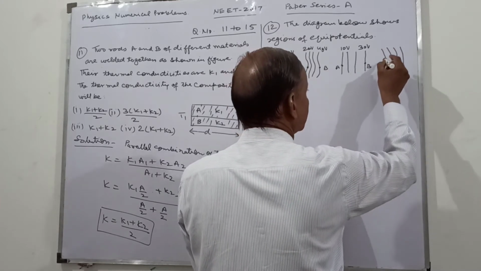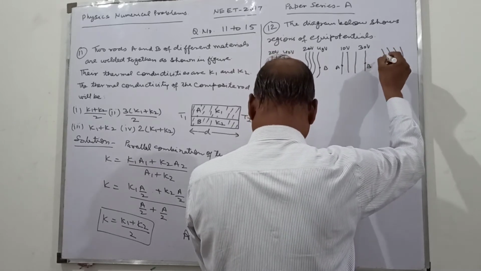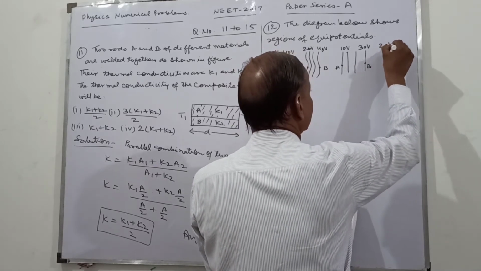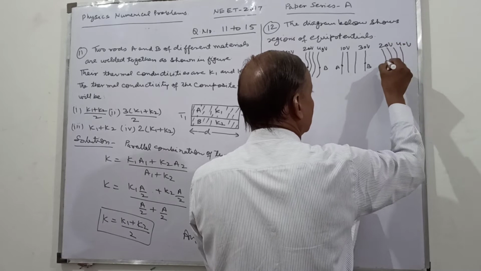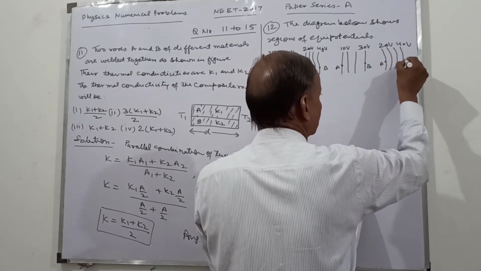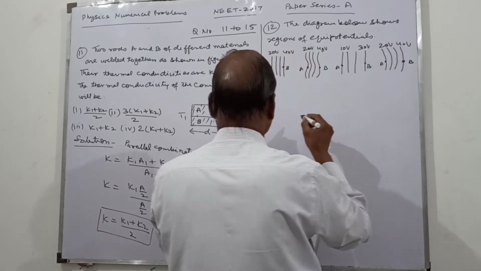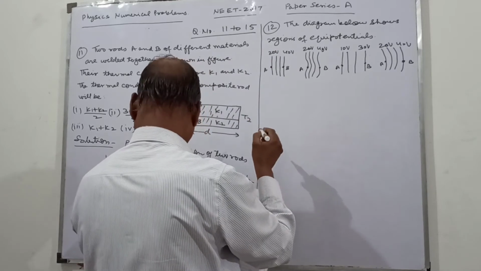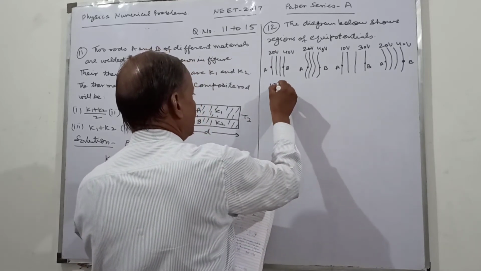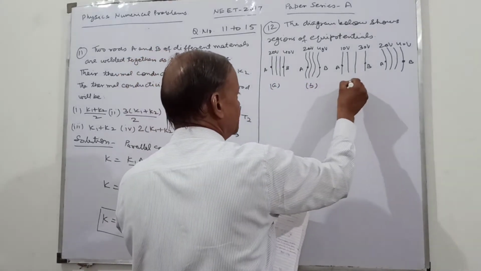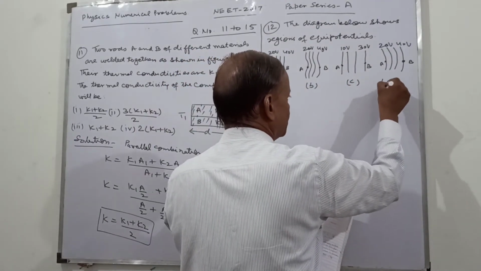Here is your 20 volt, this is 40 volt, this is point A, this is point B. So this is the figure: A, B, C, D.